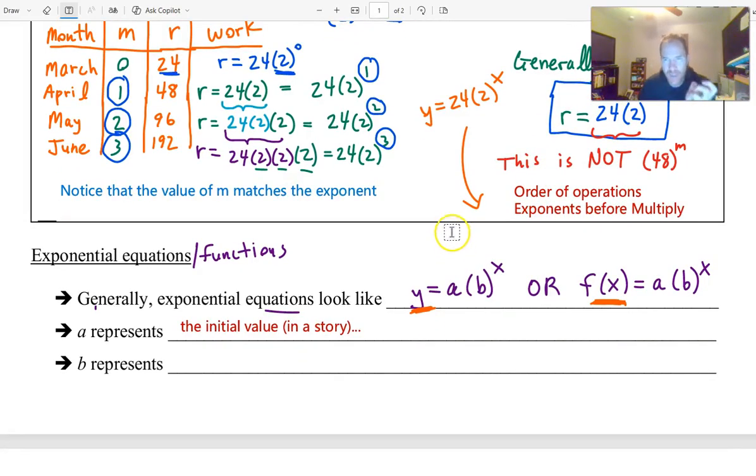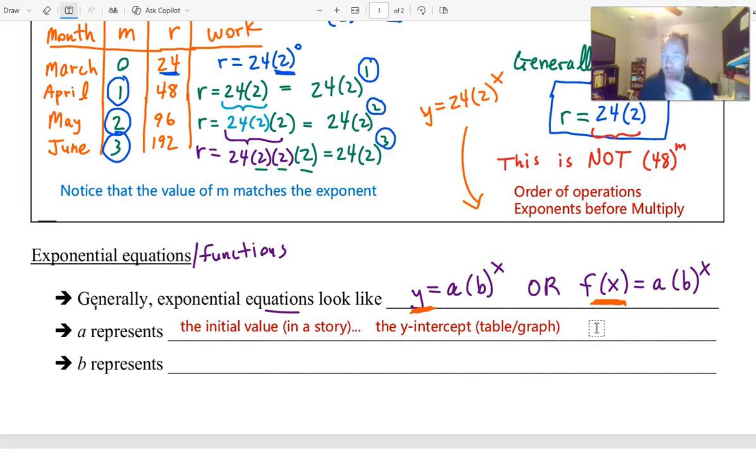But what if there's not a story? What does A represent then? If there is no story, if we took away the months and the rabbits, and we just have a table of values, 0 and 24, 1 and 48, 2 and 96, 3 and 192, then we might say that A is the y-intercept. And we won't do it today, but we'll do it another time. We will create graphs for these equations.